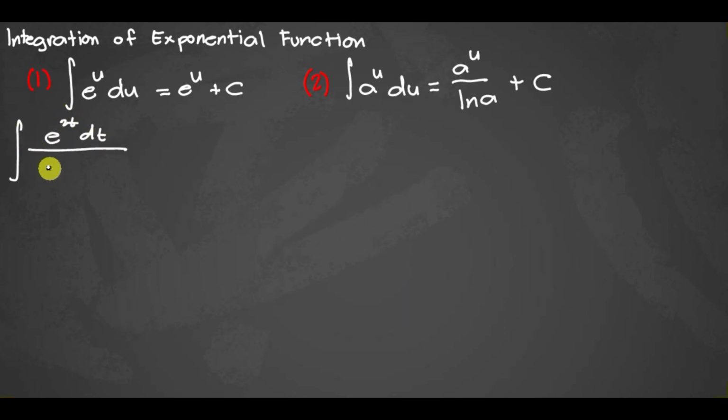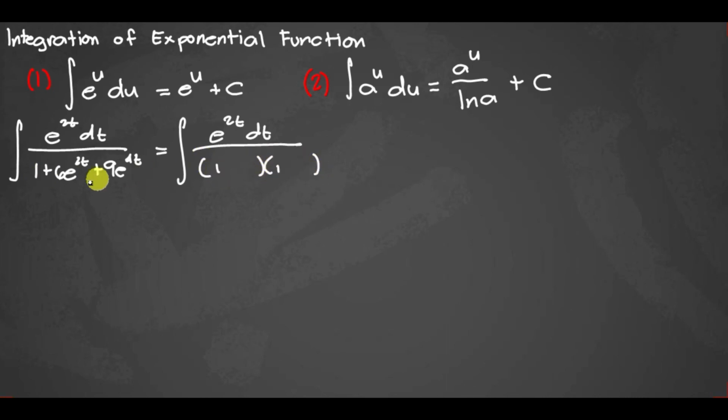Now we have another example that we need to evaluate. You can pause this video and answer the question. Now we must find the factors of our denominator. This is equal to the integral of e raised to 2t dt all over, we already know that this is 1, so the factor of 1 is 1, and the factor of 9e raised to 4t is 3e raised to 2t.